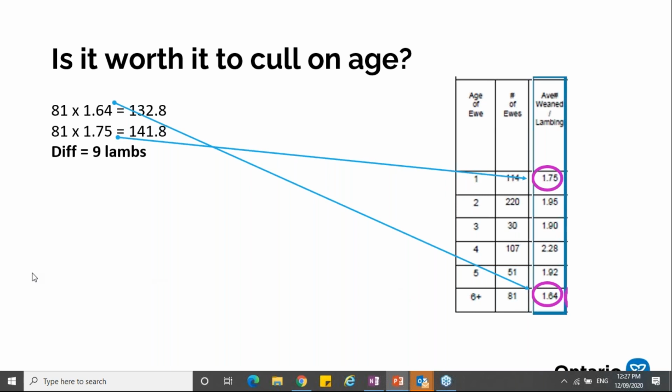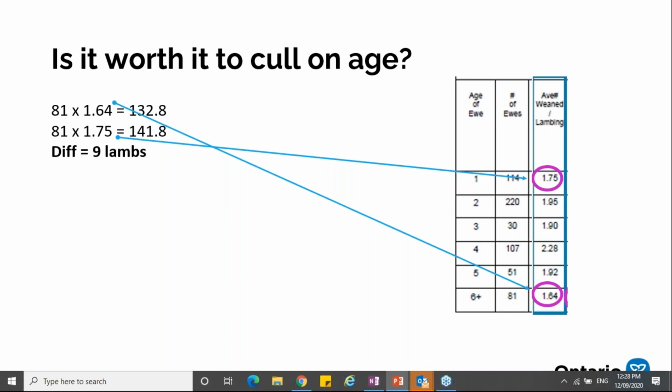I say this a lot, but it depends, right? Because not very many operations are exactly the same. These averages and numbers, even though they're real numbers that I pulled out, they could be completely different on your farm. And so you really have to see the numbers on your farm to be sure you're looking at the right thing and making the right choices.